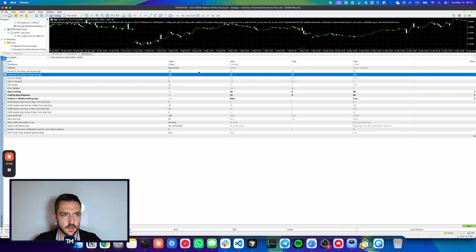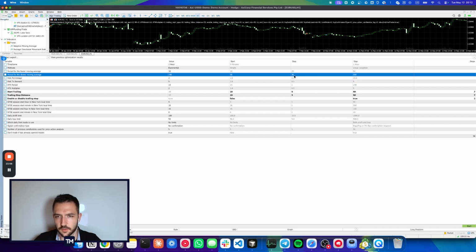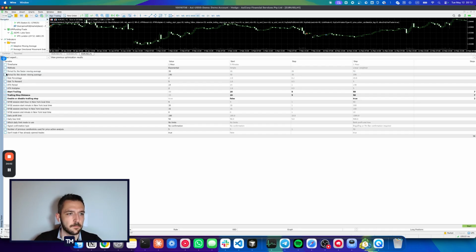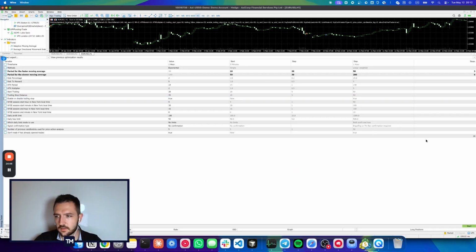Here I said I want to go from 10, this is the start, to 50 in steps of 20. And for the slow one, I want to go from 50 to 200 in steps of 30, okay? So these are some combinations, right? If we take these two, we can see that there are 18 combinations, okay?